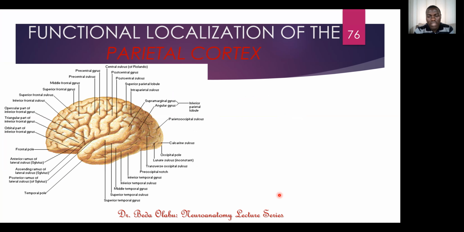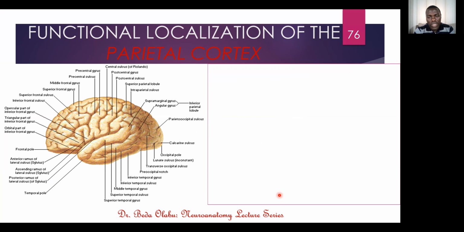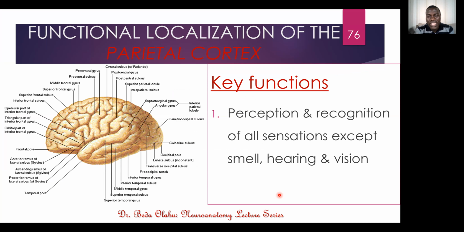We can make a summary of the key functions of the parietal cortex, and your guess should be as good as mine when you say that the parietal cortex has one key role: perception and recognition of all sensations, except the sensation of smell, hearing, and vision.